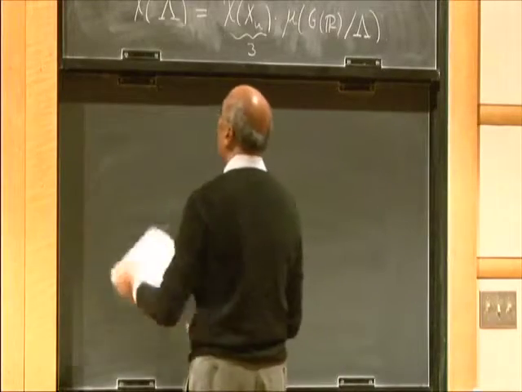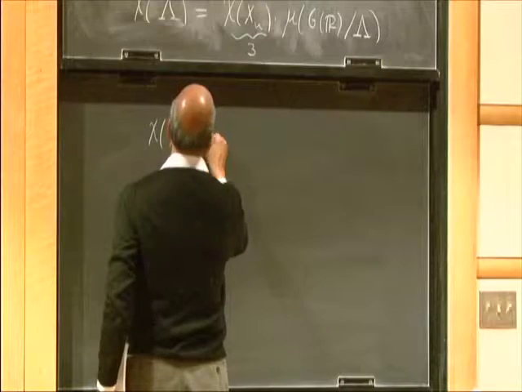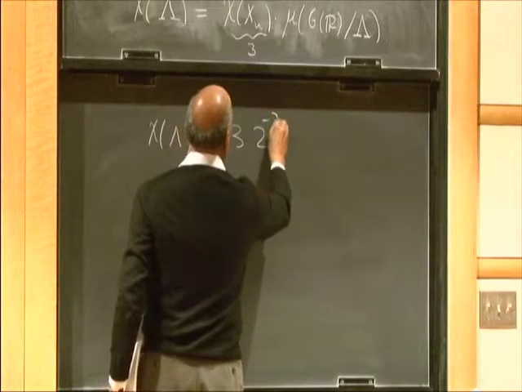Now the volume formula, together with this formula for the Euler characteristic, gives me chi of lambda is 3 times 2 times.